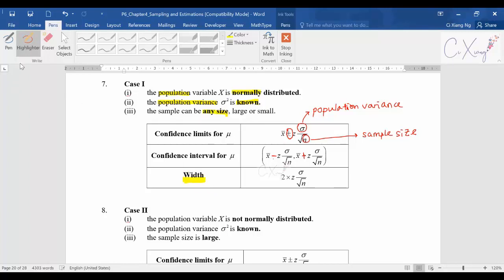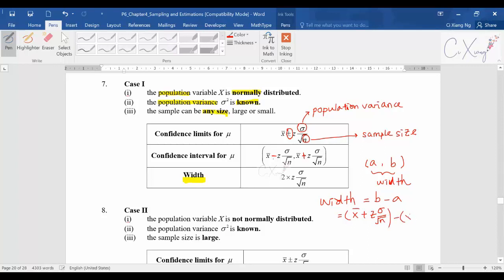The width means the distance between value A and B, so to get the width, it is actually the value B minus the value A. If you use the formula of B minus the formula of A, you will get 2Z sigma over square root n. So this is what we have for the formula of the width.